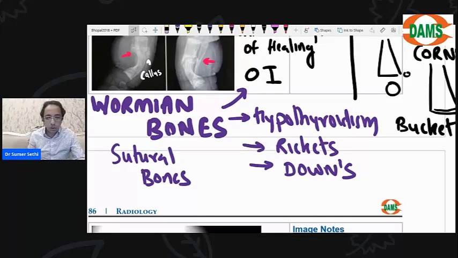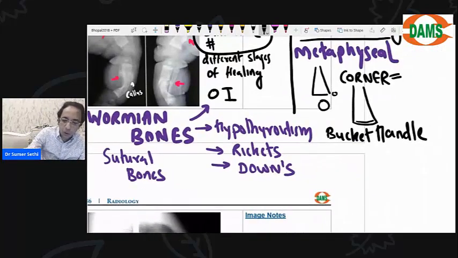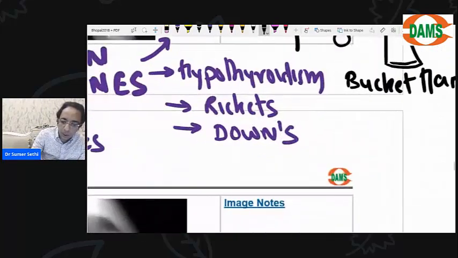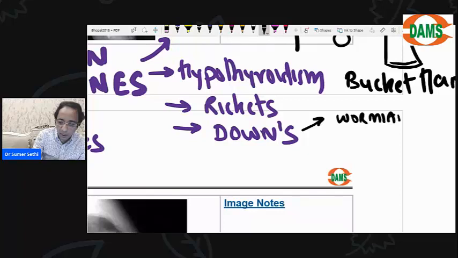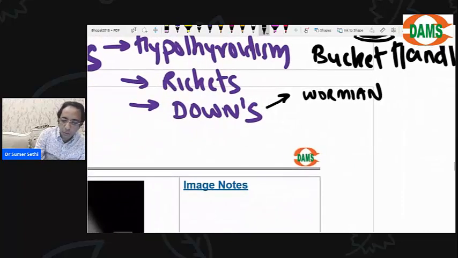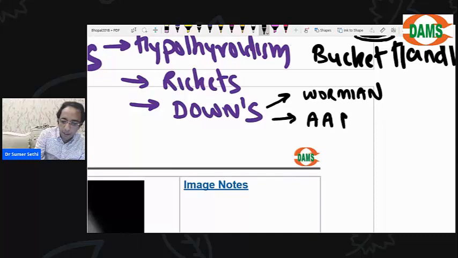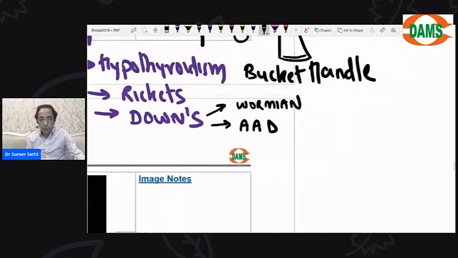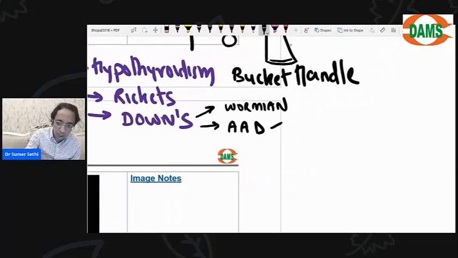rickets, and Down syndrome. Just to make a note here, in Down syndrome on X-ray, we talked about Wormian bones. Any other thing you might know that you can see in Down syndrome? Atlantoaxial dislocation. Down syndrome is one of the causes of atlantoaxial dislocation.